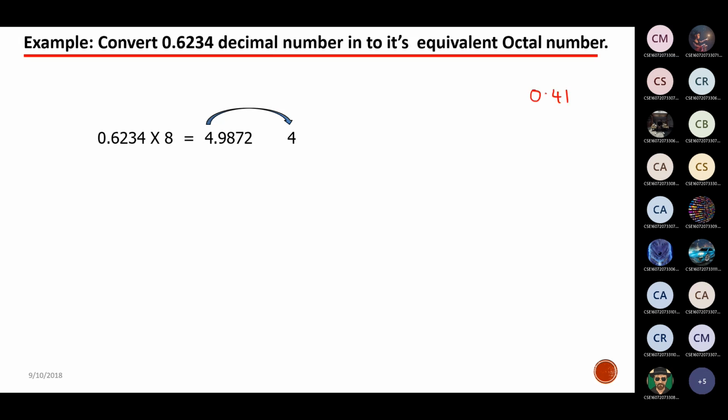If you multiply 0.6234 with 8, you will get 4.9872. You need to note down this one, and again make it 0. Same concept as binary.